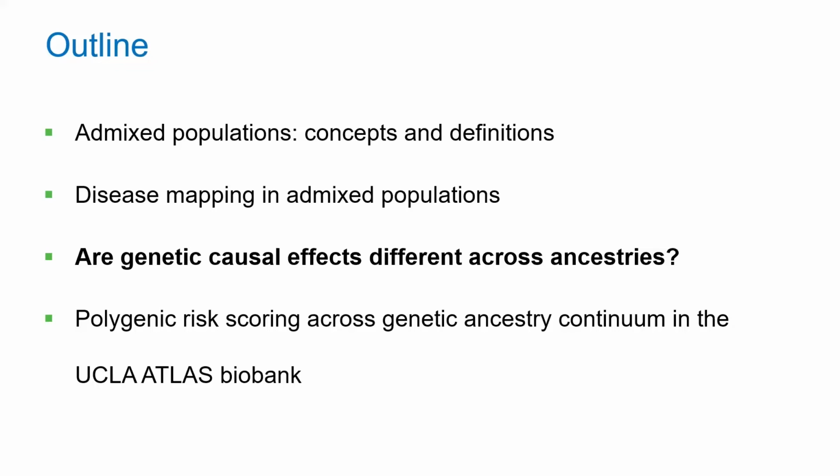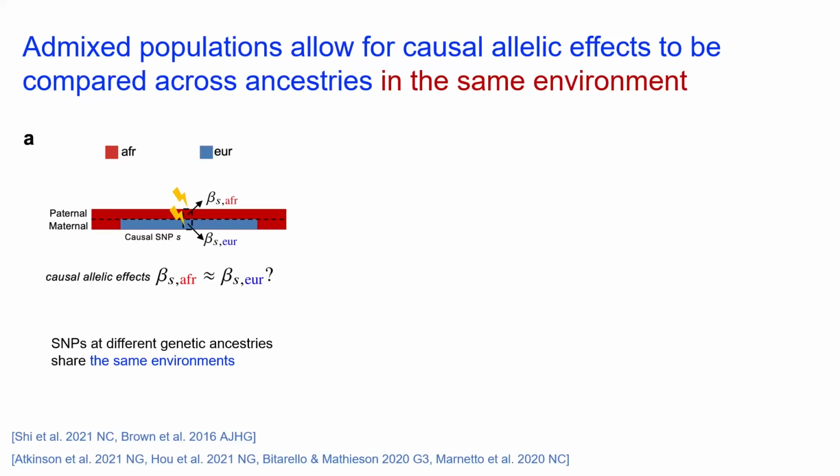And I pose this as probably fundamental not just for admixed individuals, but also as we think about transferring genetic findings from, let's say, Europeans to Asians to the worldwide population. Okay? And the unique features of different segments of local ancestry allow us, for admixed individuals, to actually ask this question in a very, very controlled environment.